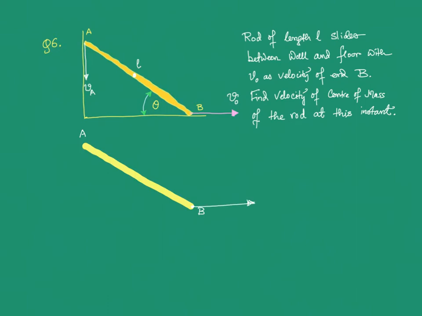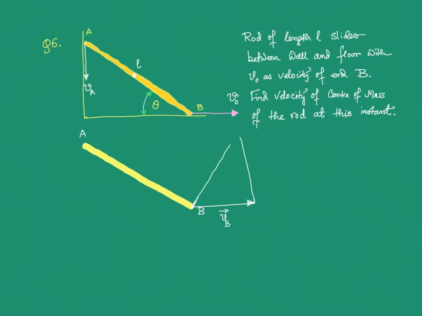So this is vector VB. Now you have to subtract VB minus VA, so minus VA. Here I am using the triangle law.